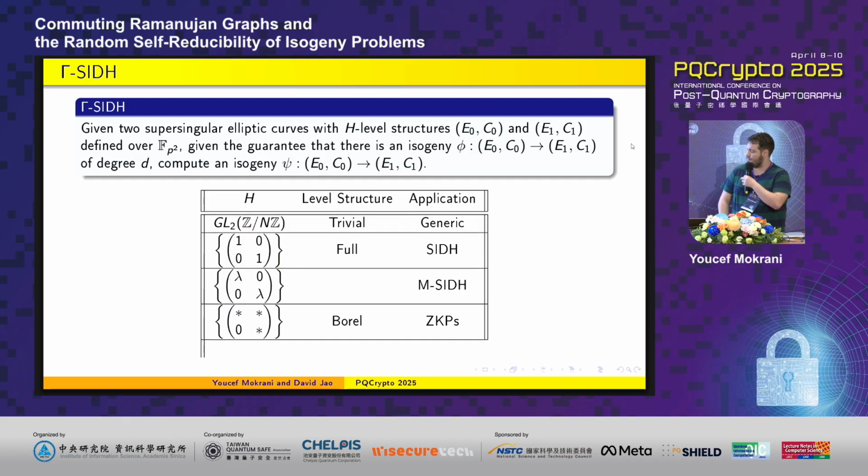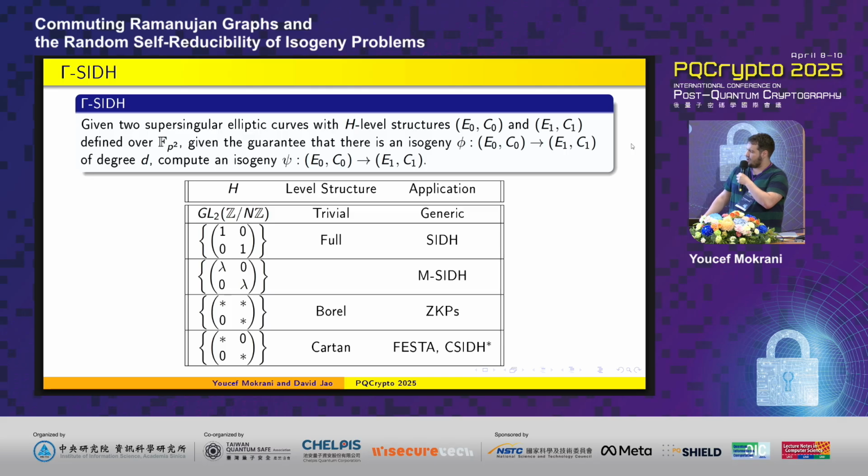If you want a lot of zero knowledge proofs, which give away a single point that is additionally masked, you can represent this with the Borel level structure, which is all of the upper triangular matrices. It could have been all of the lower triangular matrices. It doesn't really matter.